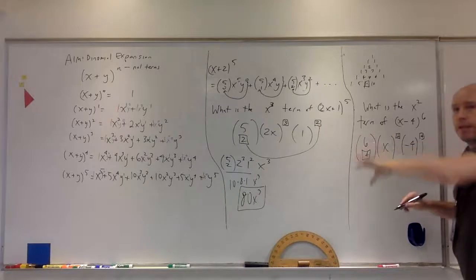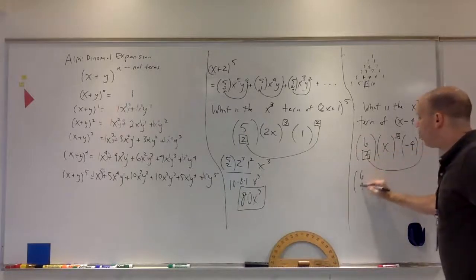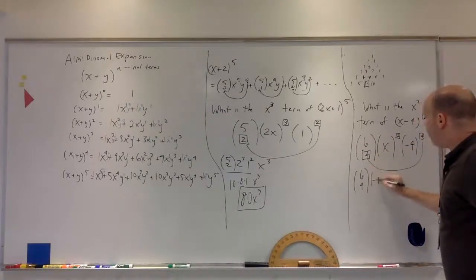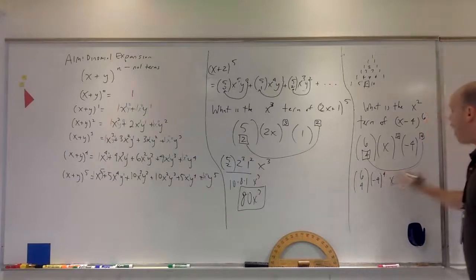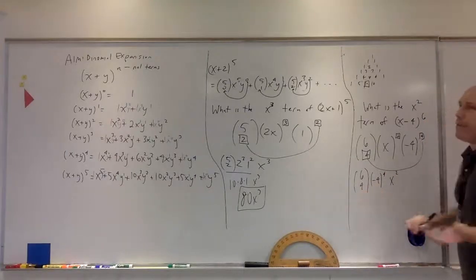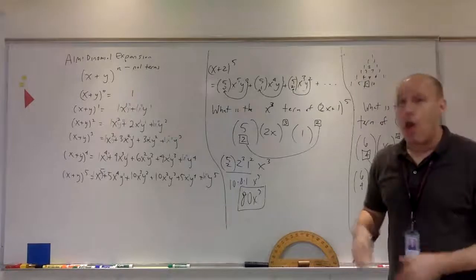Nice. So let's pull all the constant stuff out. 6 choose 4, negative 4 to the fourth, and I have my x squared. I'm interested in this part. Obviously, for numbers this big, it's going to be a calculator.